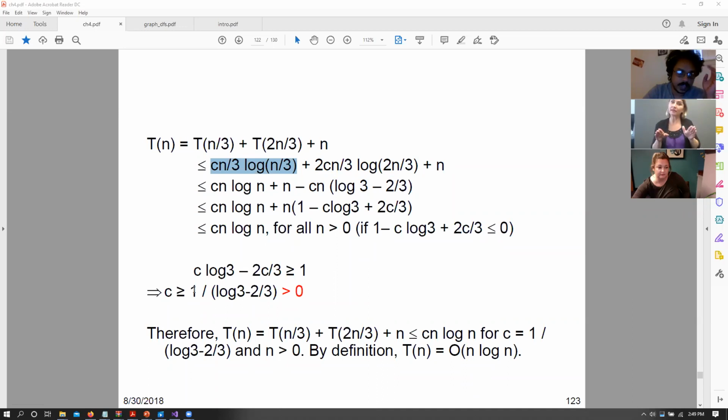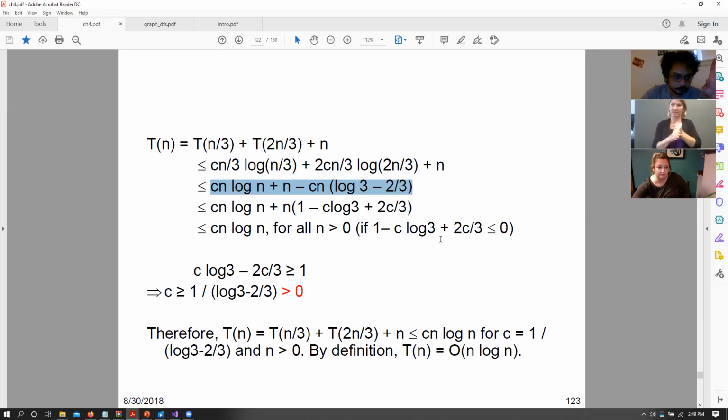And we have 2/3 Cn log n plus 2/3 Cn log 2, and 2/3 Cn log 2 essentially means 2/3 Cn, because log 2 is 1. Once we solve all the equations there, we get to this particular equation. This is a pretty easy equation to solve, so I want you guys to solve it and figure out the solution.